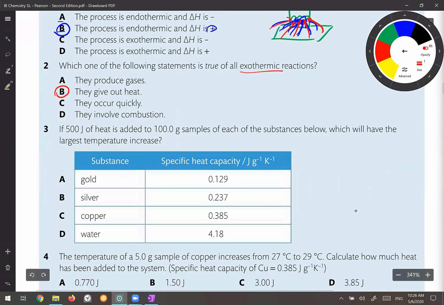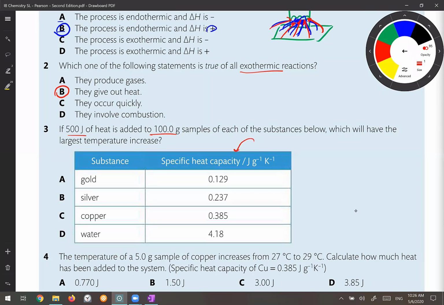Next one, it says, if 500 joule of heat is added to 100-gram samples of each of the substances below, which will have the largest temperature increase? So the amount of heat which is given to the substances are same. The mass of each one are same. The only difference between them is the specific heat capacity.